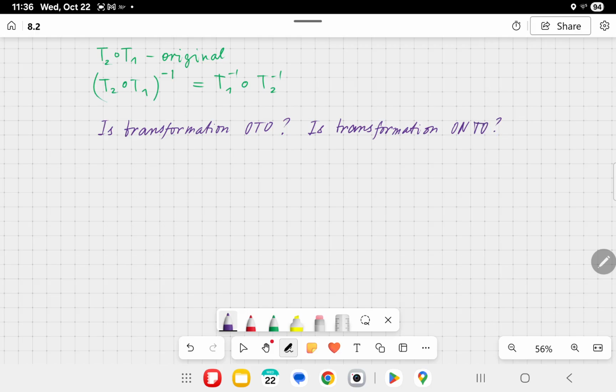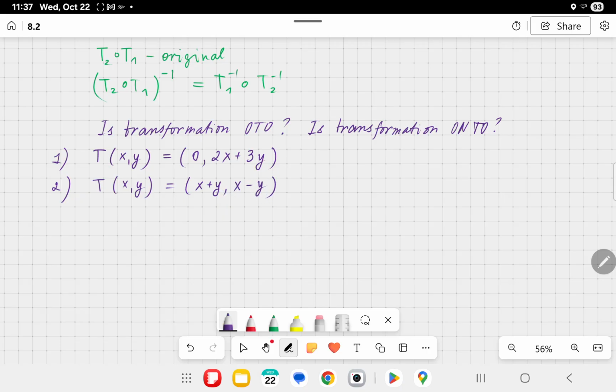Well, the first question is going to be a transformation of two-dimensional vectors into two-dimensional vectors by the formula. Question number two: a transformation of two-dimensional vectors into two-dimensional vectors by a different formula.